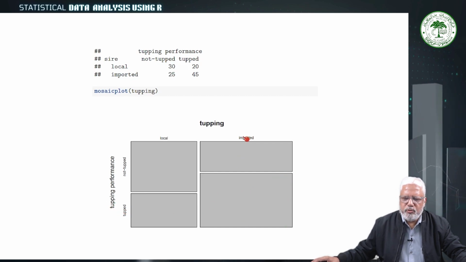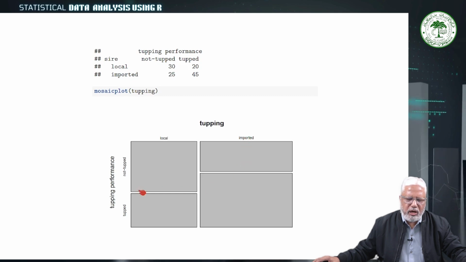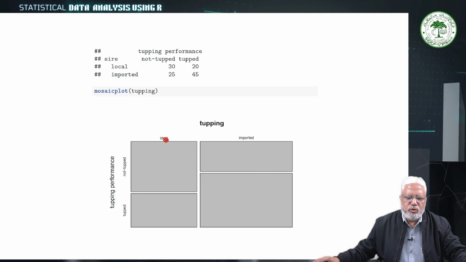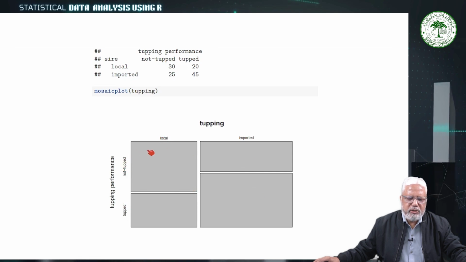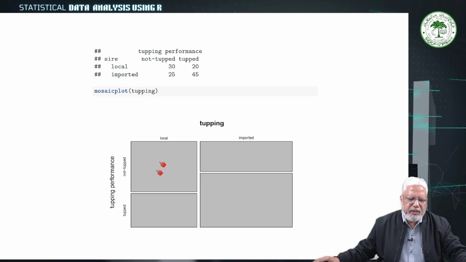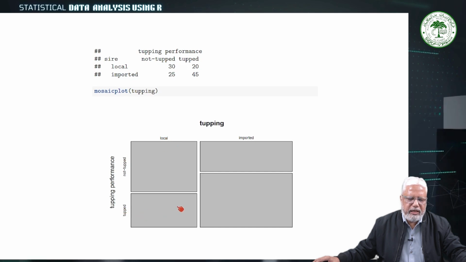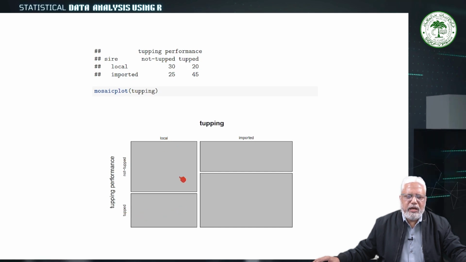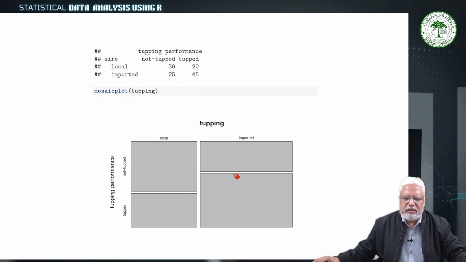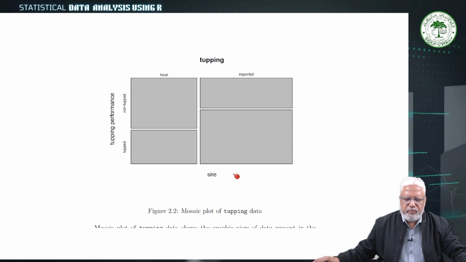So that means imported are having more likelihood of topping as compared to non-topped, whereas locals, not topped, it is more, and topping, local, it is less. So this mosaic plot describes this table. So this is the graphical interpretation of topping performance.